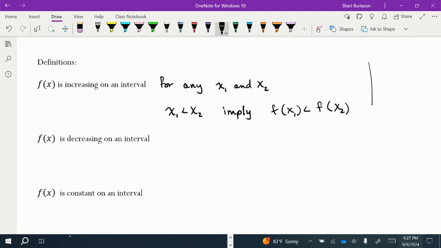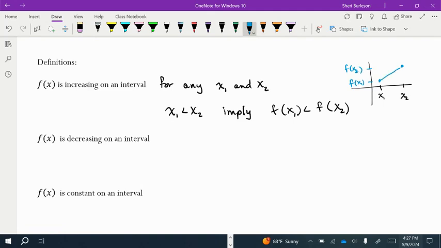So what this means is if I have a graph, x sub 1 and x sub 2, x sub 1 is less than x sub 2, it is increasing if f of x sub 1 is less than f of x sub 2.